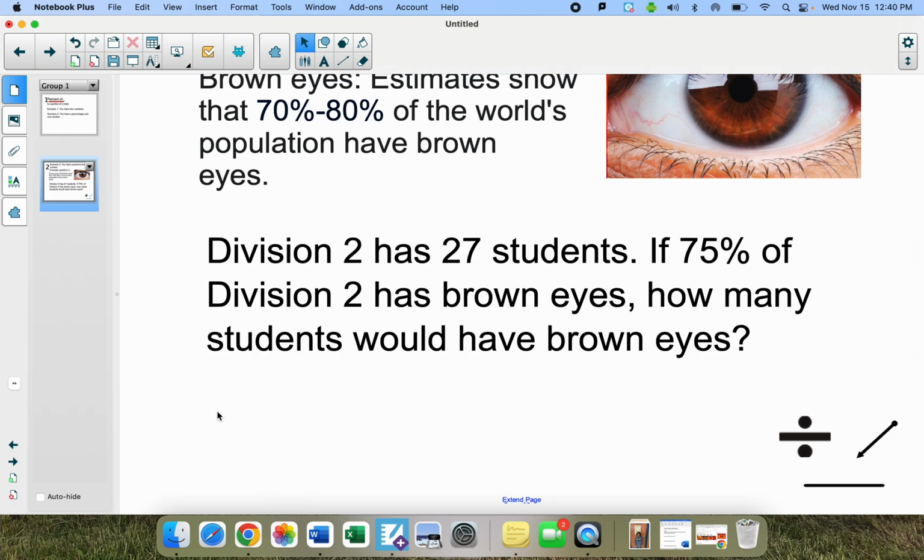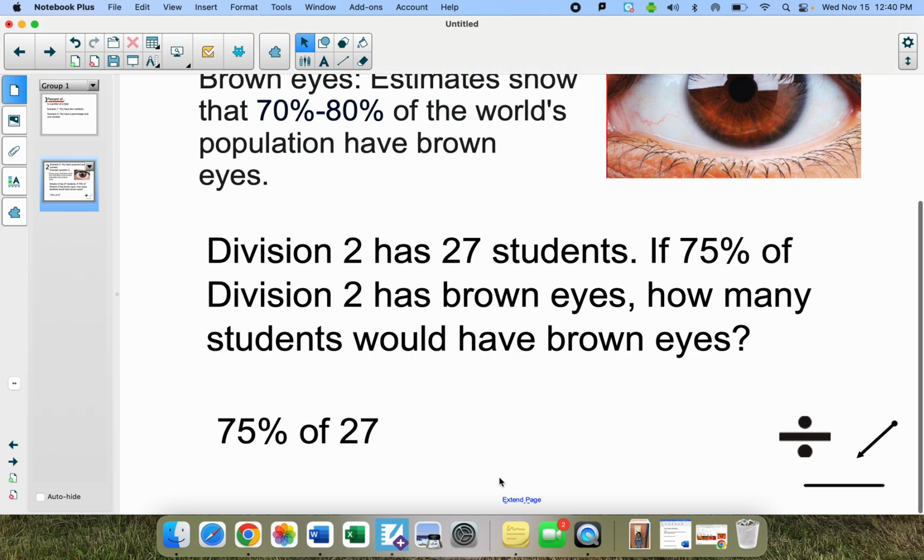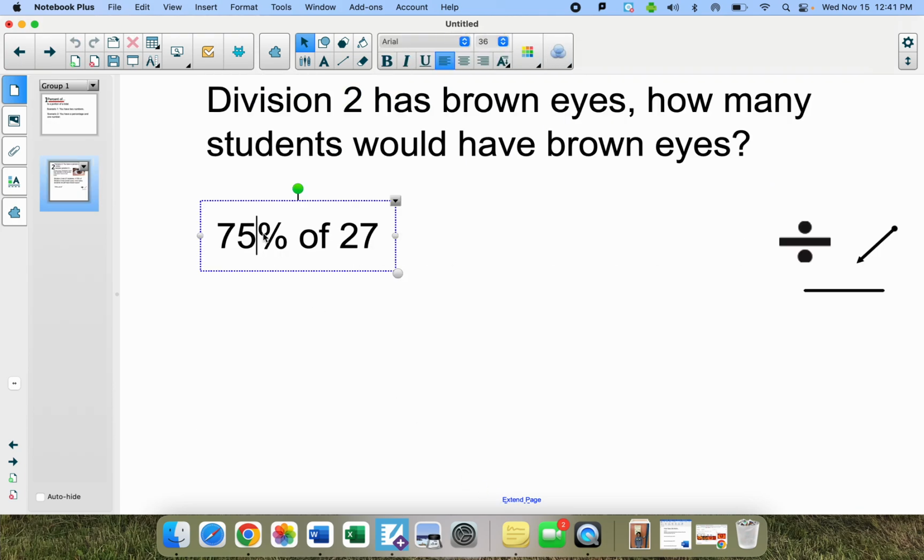Now, if you know how to do this question, you just go ahead and solve it. You can hit pause. But if this is the first time you've done something like this, then keep watching. I'll give you a clue. 75% of 27 is what we're looking for here. Now, a few things. One, the calculator hates percentages.